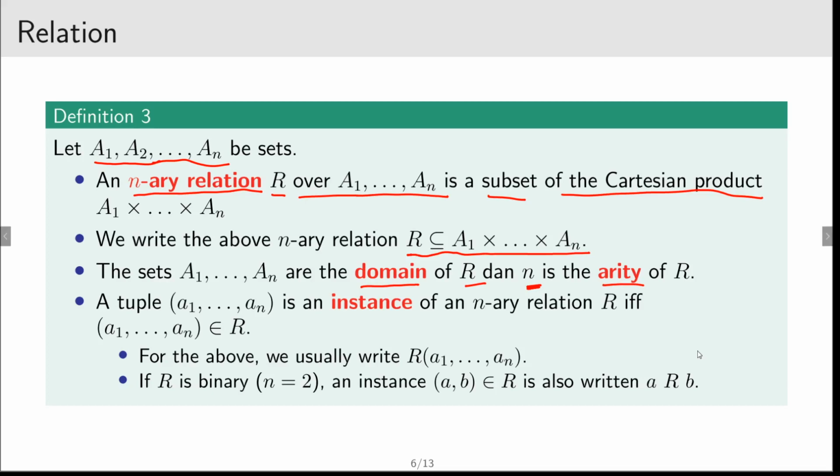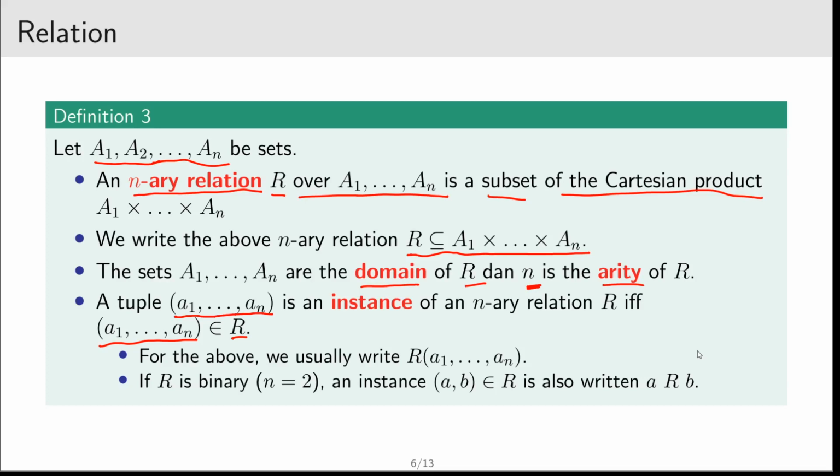Now, given a relation R, we could say an n-tuple (a1, a2, and so on, an) is an instance of R if and only if that tuple is an element of R. Remember, R here is a set because it is a subset of the Cartesian product.